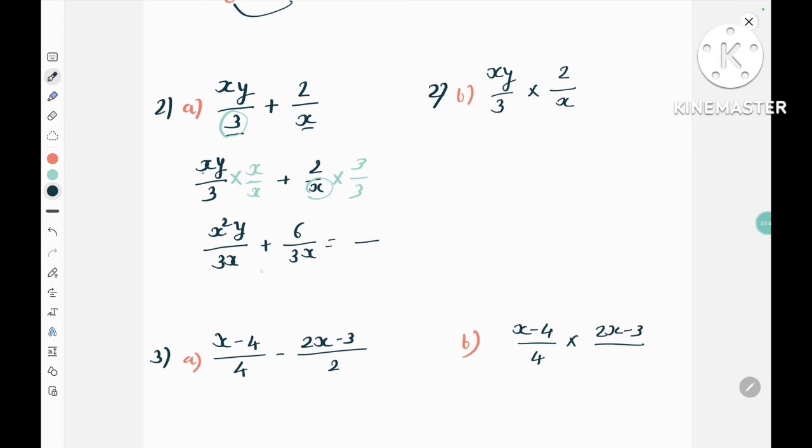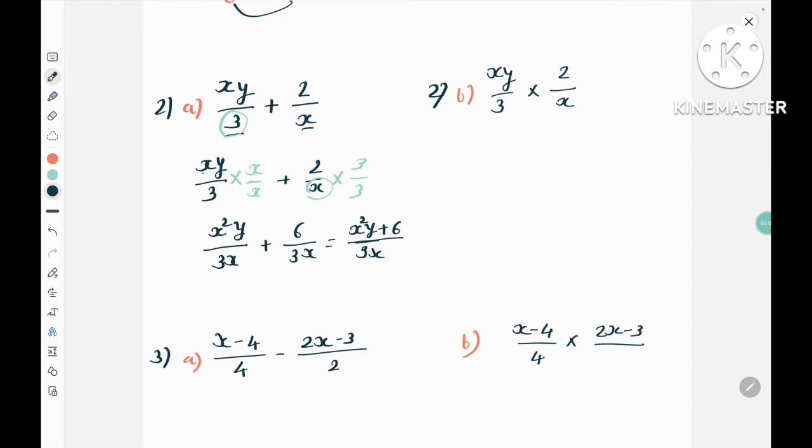Now we have the same denominator, so we write the denominator as it is, 3x. x squared y plus 6 are not like terms, so we just write them as they are: x squared y plus 6. This is our answer. We leave it here because we cannot do anything more.